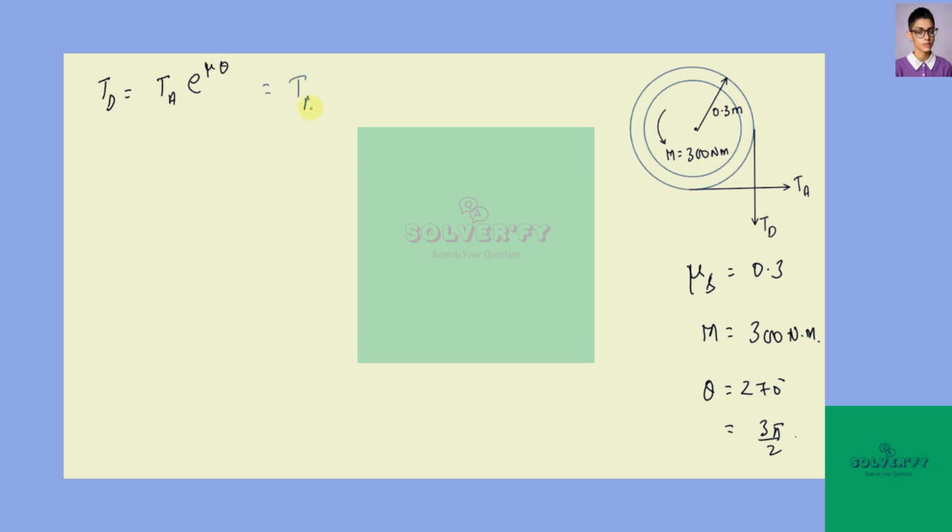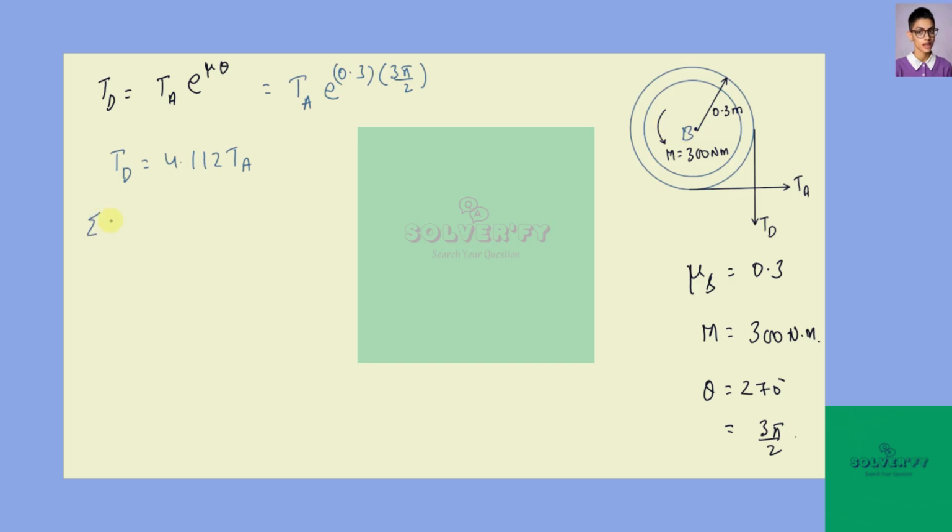So TA as it is, e to the power mu, which is 0.3, times theta, which is 3 pi by 2. Now we simplify this and we get TD equal to 4.112 times TA.